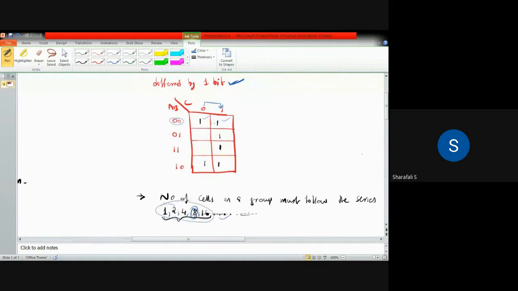When you group these two, you get a group of 2 cells, so it also follows this condition. So this grouping is possible. And if you consider some other grouping, let's consider this one.